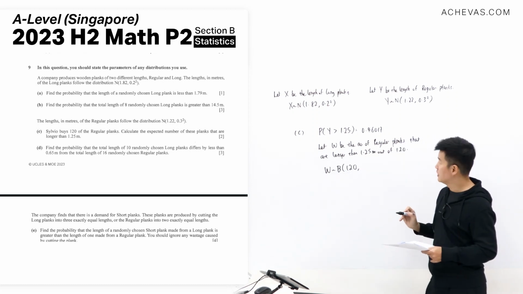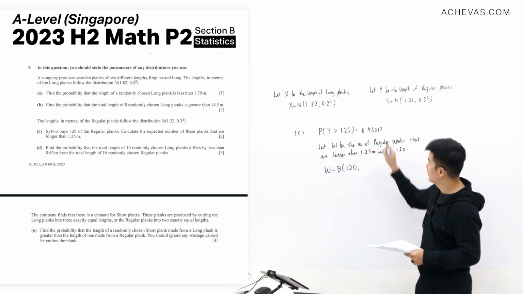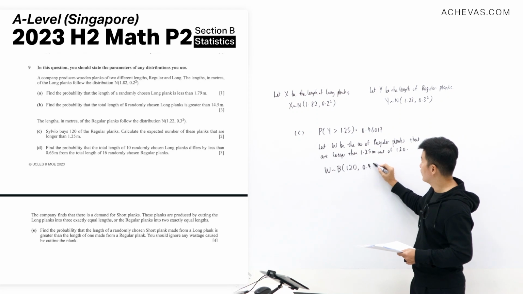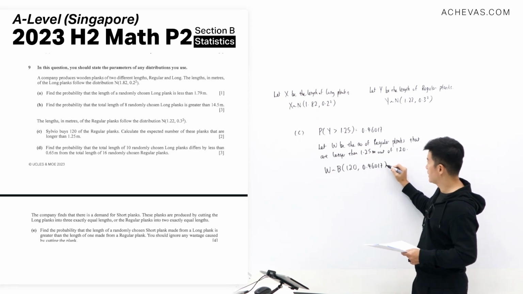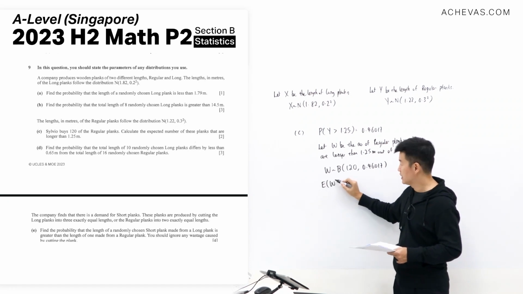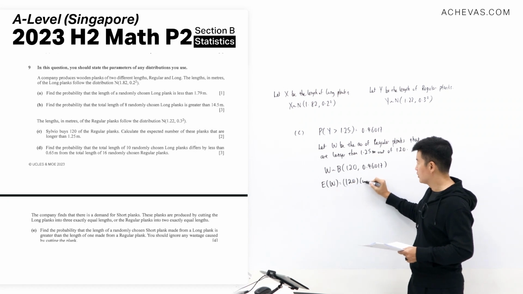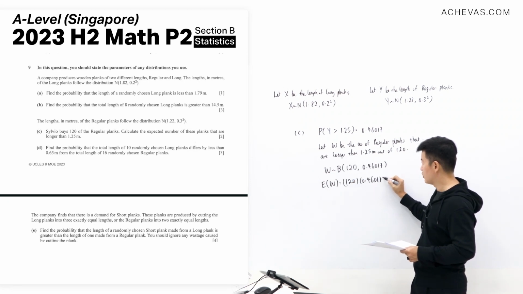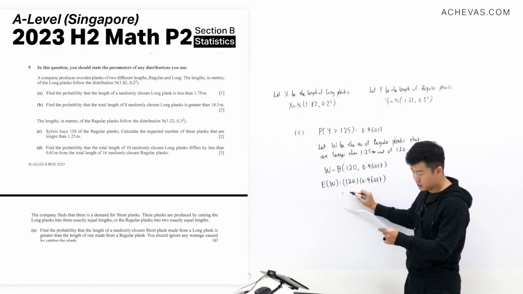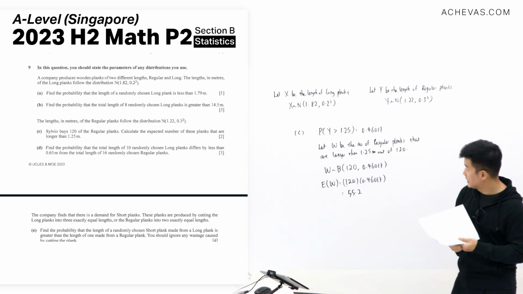Out of 120, we are looking at planks that are more than 1.25, and the probability is 0.46017. So what the question wants is the expectation of W, which is going to be n times p. So it's going to be 120 multiplied by 0.46017. This is going to be equal to 55.2. Okay, this is for part C.